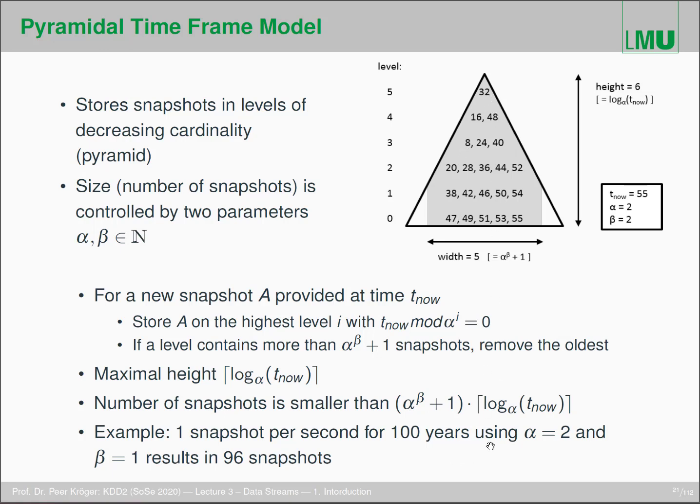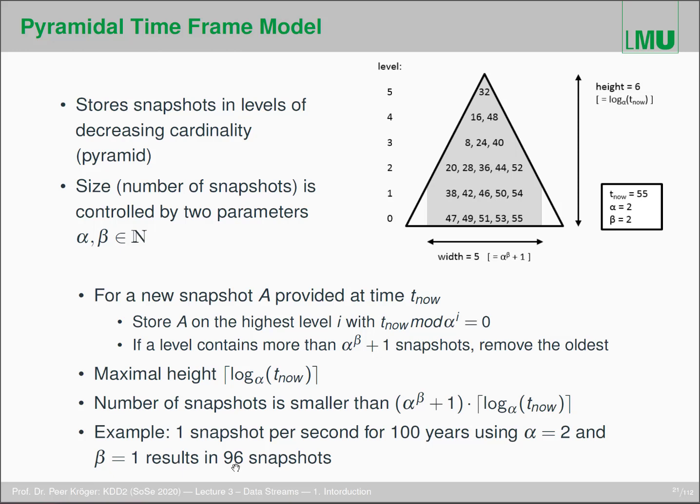And how many levels do you have? It's the maximal height, which is log alpha of t now. Again, as an example, if you store 1 snapshot per second for 100 years using alpha 2 and beta 1, that results in less than 100 snapshots.